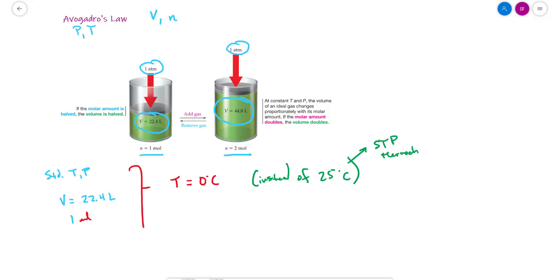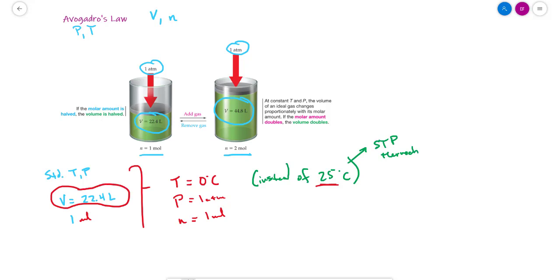Everything else is still the same, so pressure is 1 atm, and n in this case is 1 mole. So if you're thinking about standard conditions for a gas, we're talking about 0 C, 1 atm, 1 mole of stuff, instead of 25.